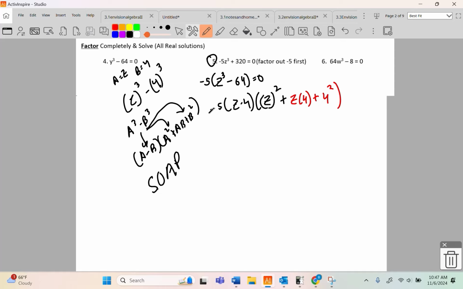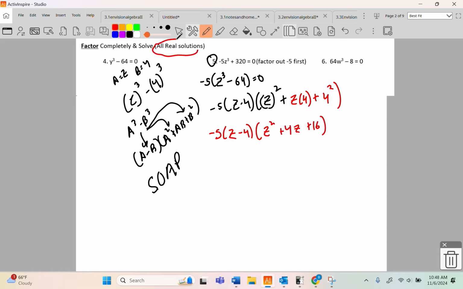We're going to keep going. We have -5, Z minus 4. This cleans up to be Z squared plus 4Z plus 16.